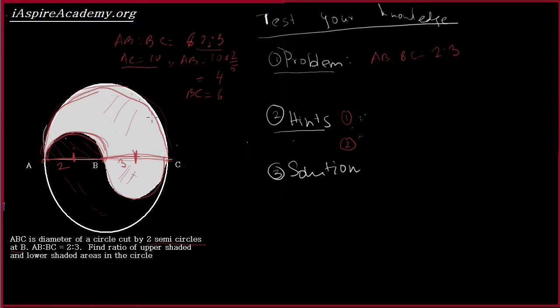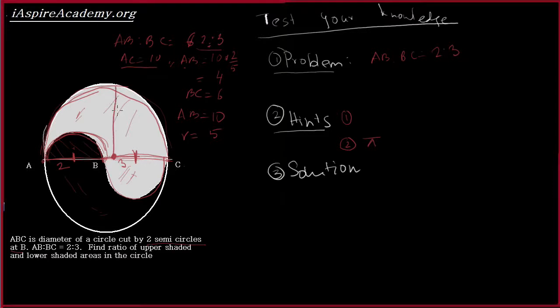So then the area of the white shaded part is the big semicircle, which is pi. Now what is the radius? If AC, which is a diameter, is 10, then the radius is 5, correct? So the center would be somewhere in here, because this is 2:3.